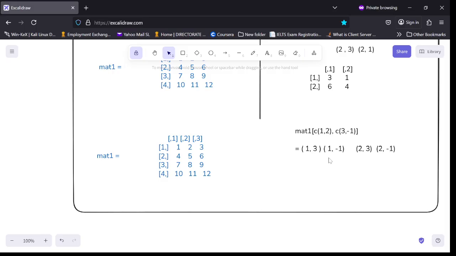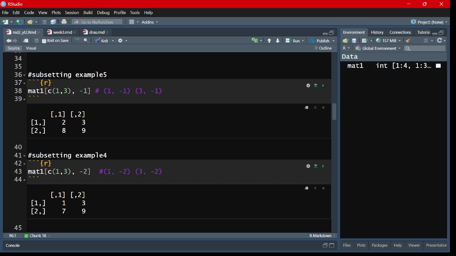So for 1 minus 1, let's imagine what will happen. 3 will definitely be there. So 1 minus 1, I think I should remove this 1, and 2 will be there, or maybe there may be some error.